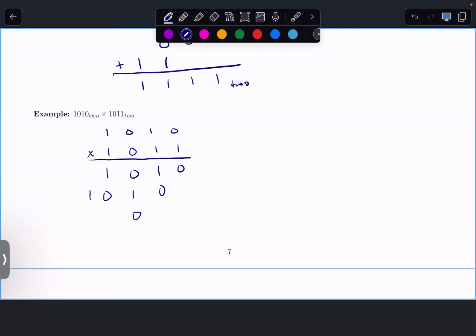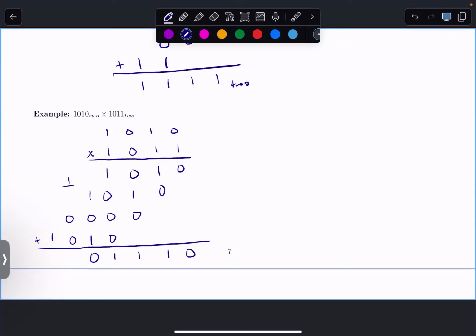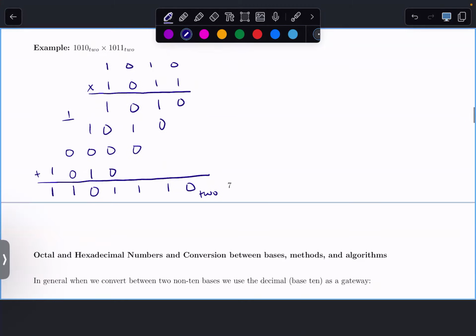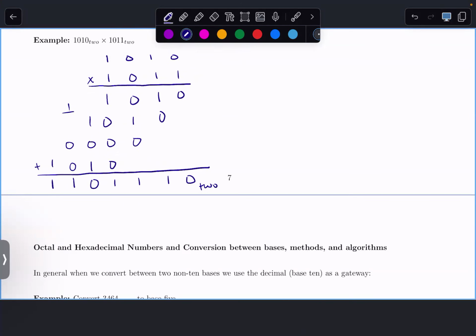Try not to go cross-eyed. Did you get 1, 1, 0, 1, 1, 1, 0, base 2?